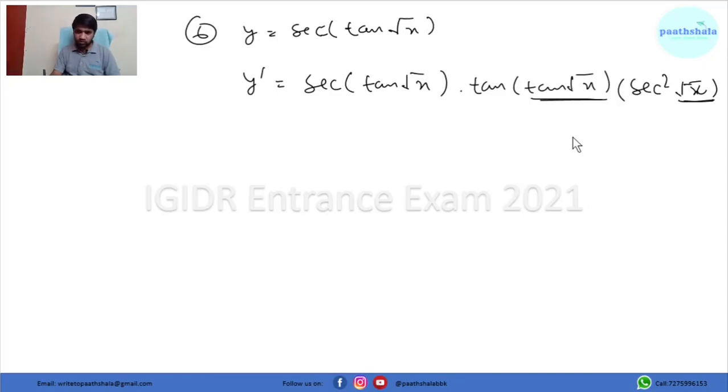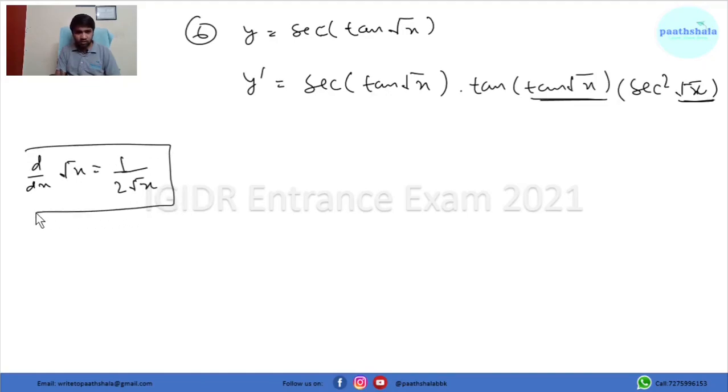Remember this one thing directly, because we can find the differentiation of root x with the help of the formula for x to the power n, but just remember this: d/dx of root x equals 1 upon 2 root x. If you remember this, it will be slightly easier for you to solve this question. So this will be 1 upon 2 root x.